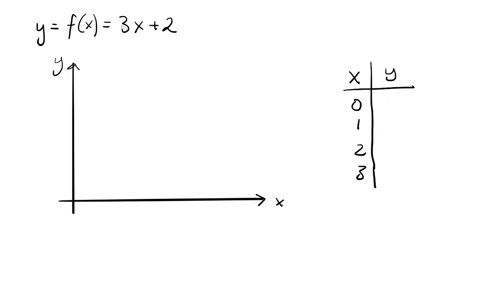So if I plug in 0, we get 3 times 0 plus 2, that's 2. 3 times 1 plus 2, that's 5. 3 times 2 plus 2, that's 8. And 11.